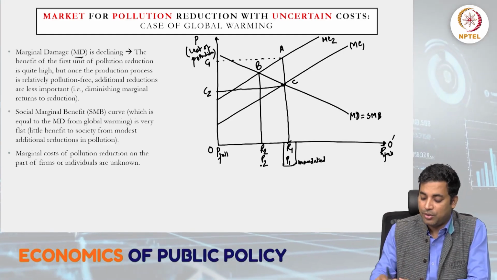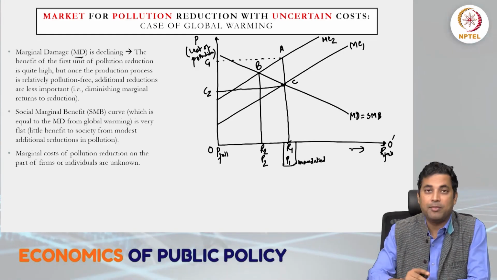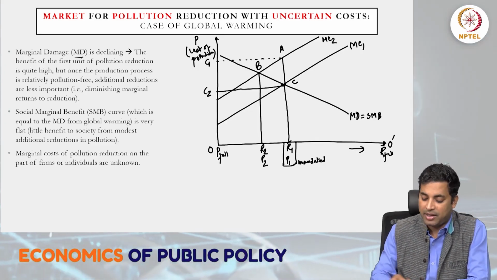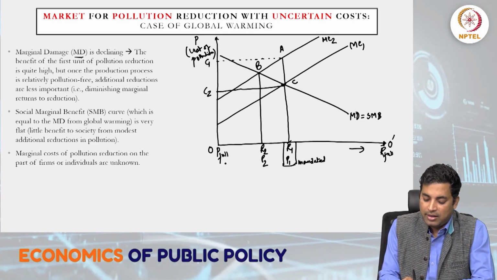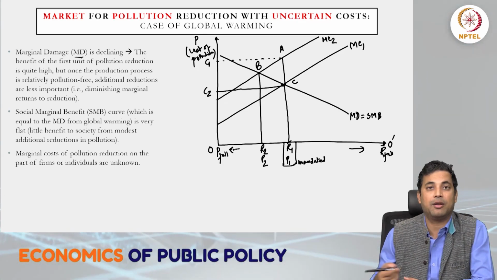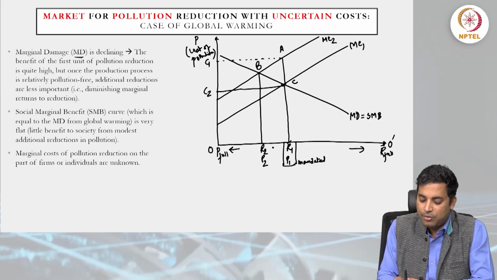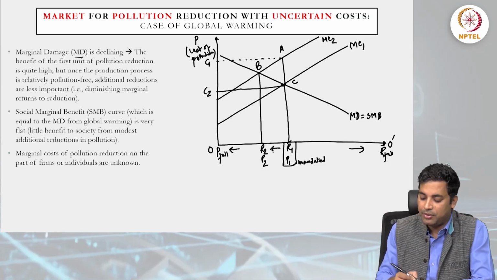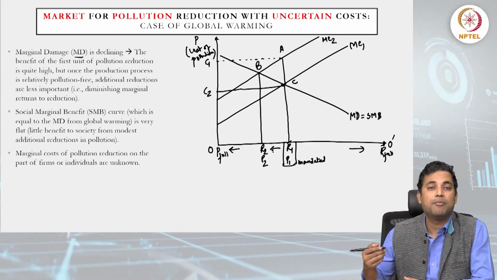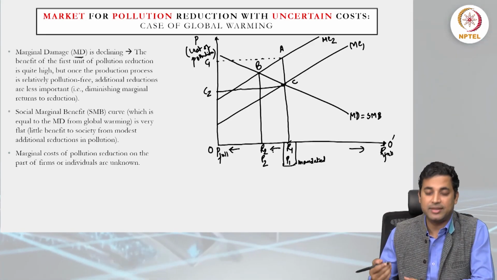As we know, as we move from left to right, pollution reduction is happening. If we move from right to left, then there are higher levels of pollution. So when we move from R1 to R2, it means higher levels of pollution, and pollution reduction is getting reduced.